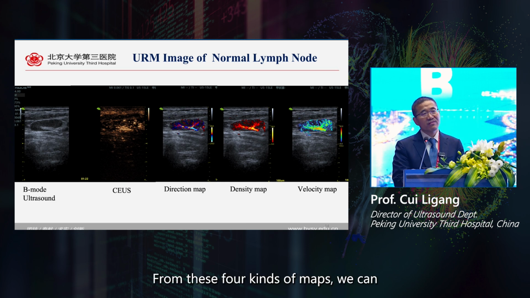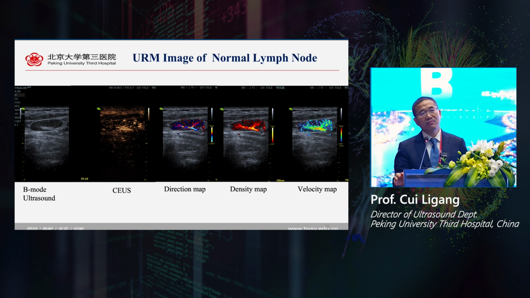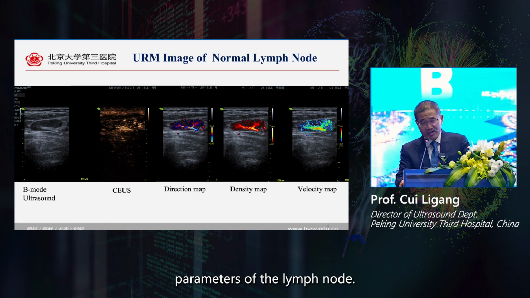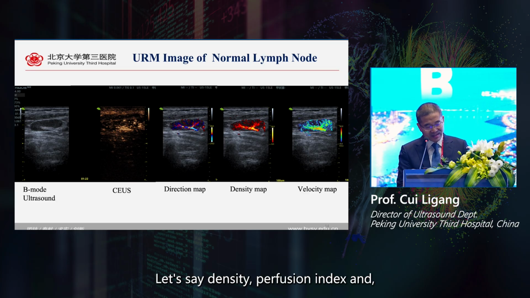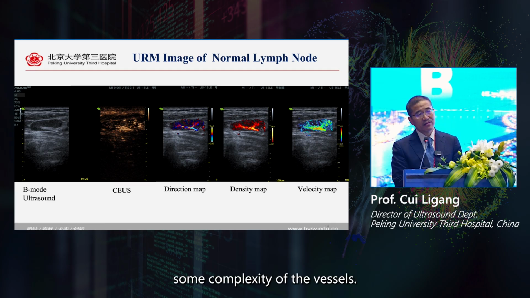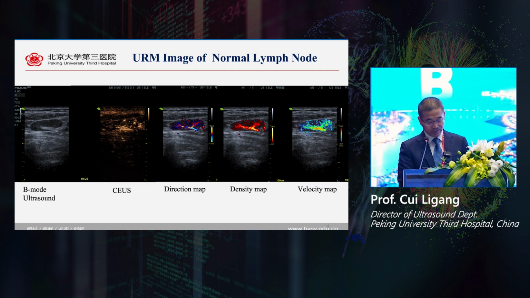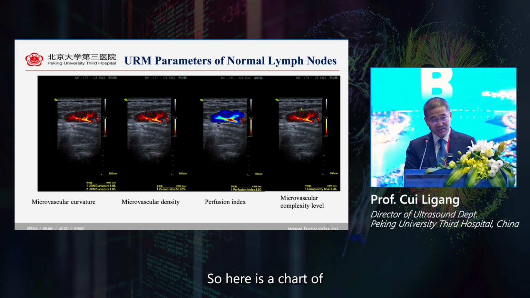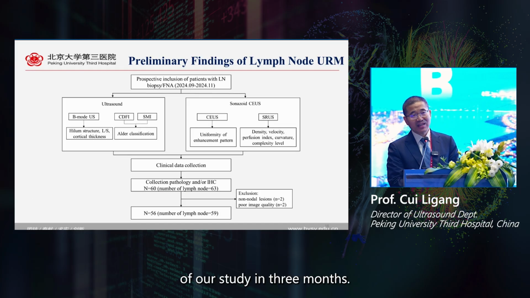From these four kinds of maps, we can obtain some parameters of the lymph node, let's say density, perfusion index, and complexity of the vessels.